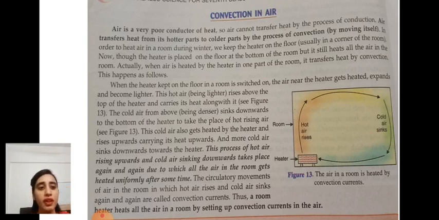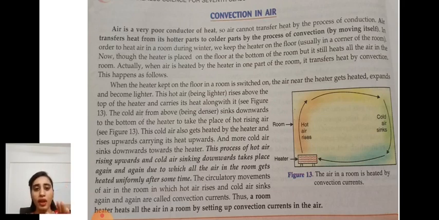See in this figure, hot air rises up and cold air from above sinks downward to the bottom of the heater to take the place of the hot rising air.